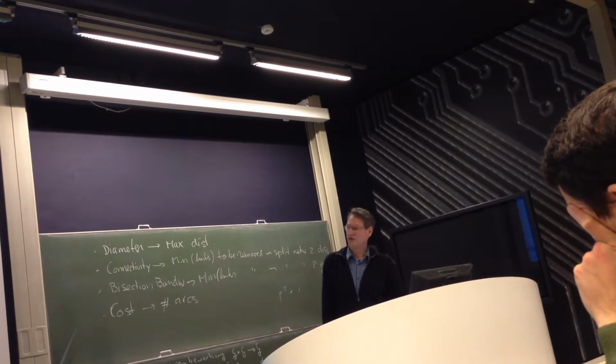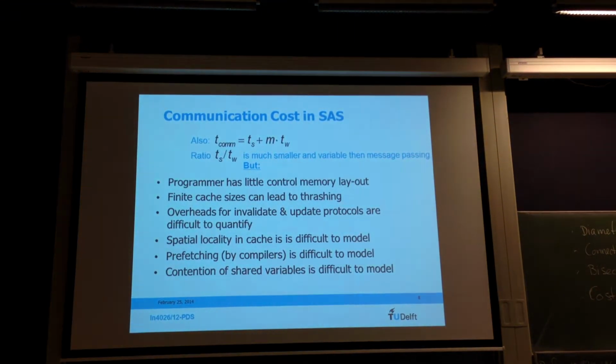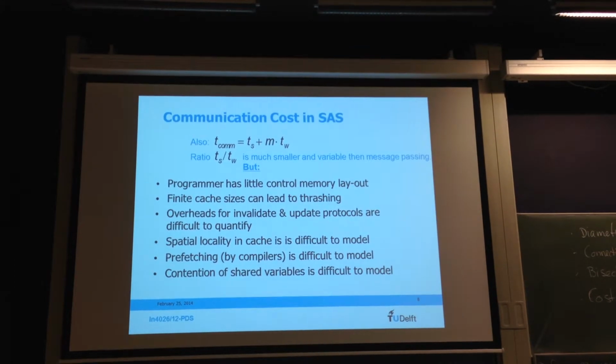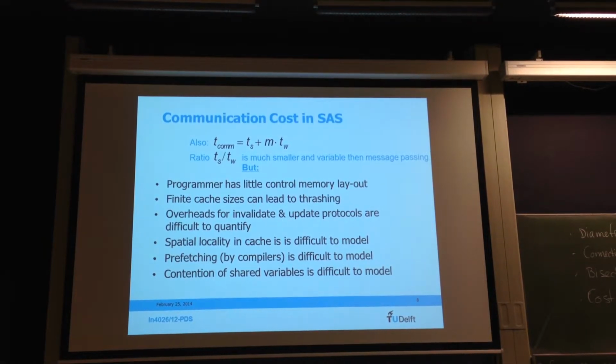And last but not least, also the contention of shared variables is difficult to model. If two processes contend for the same shared variable, don't start to model it because it's too difficult.